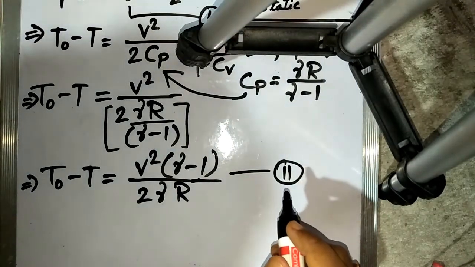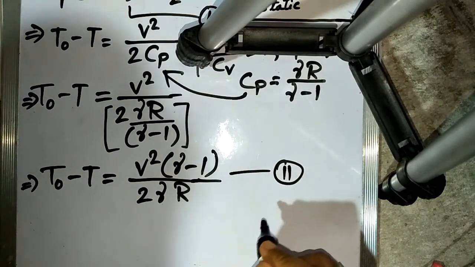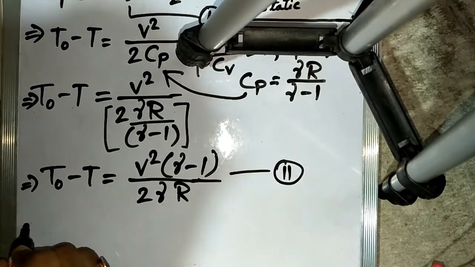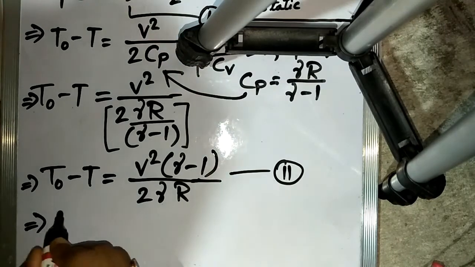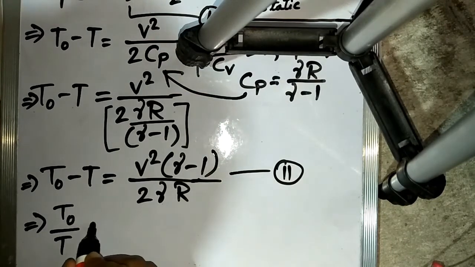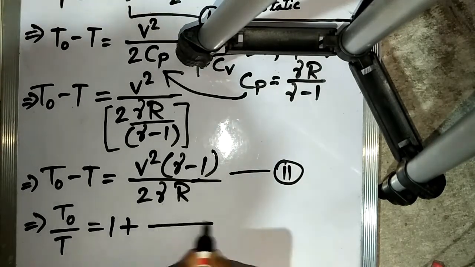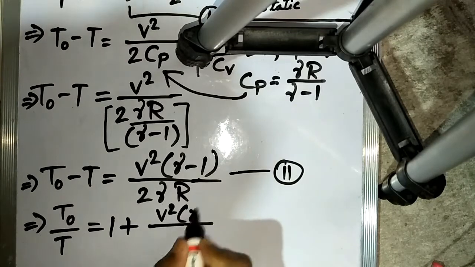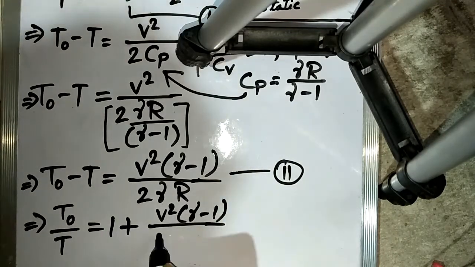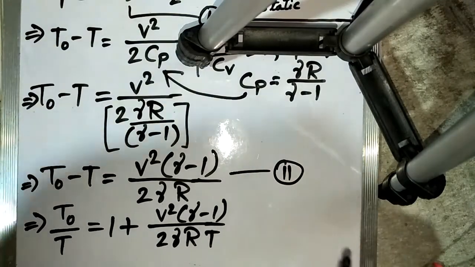From this equation we can rearrange and write T0 by T equals 1 plus V square into gamma minus 1 by 2 into gamma RT.